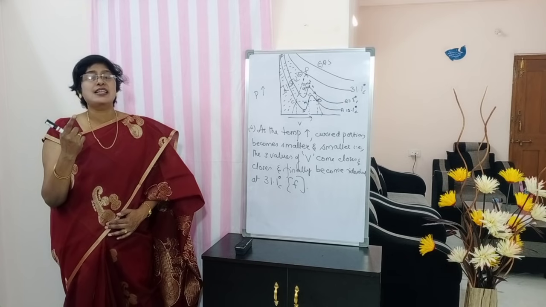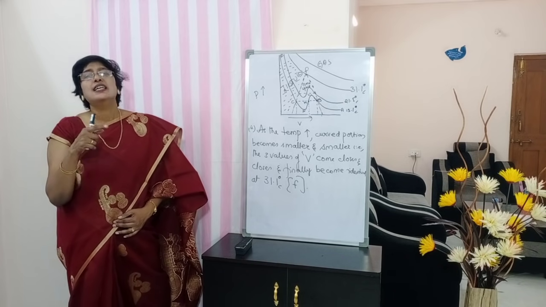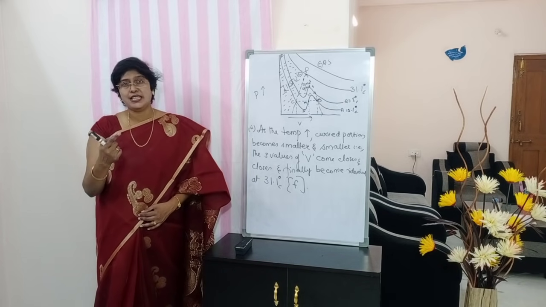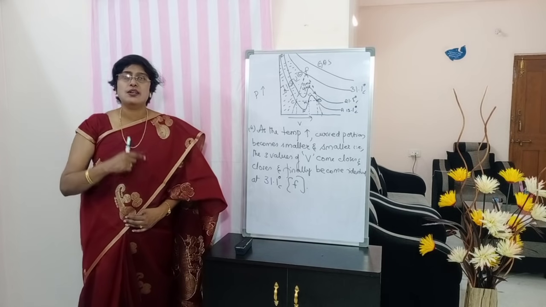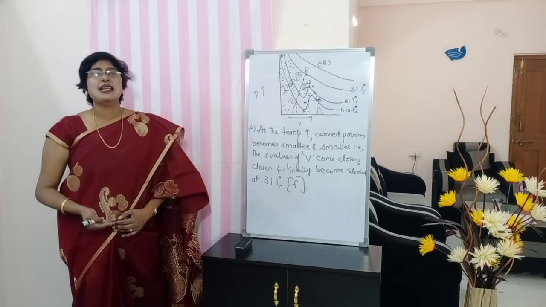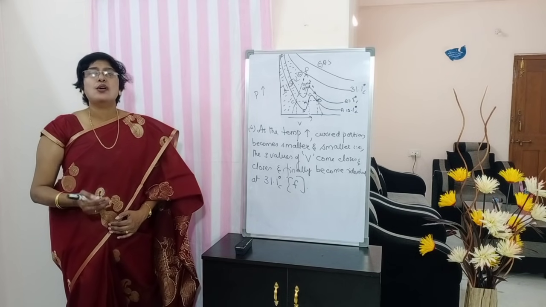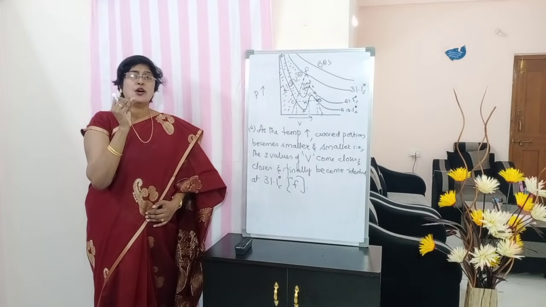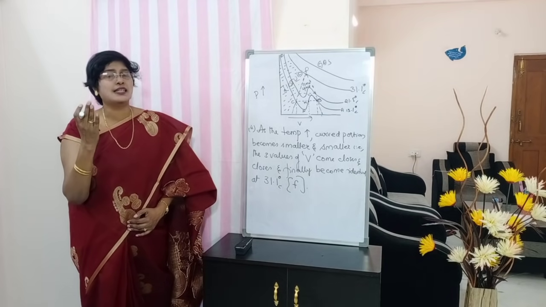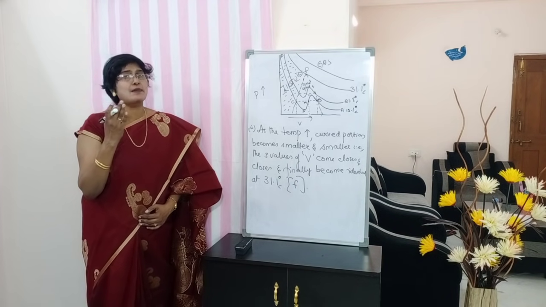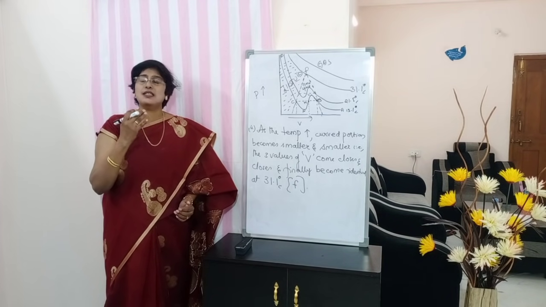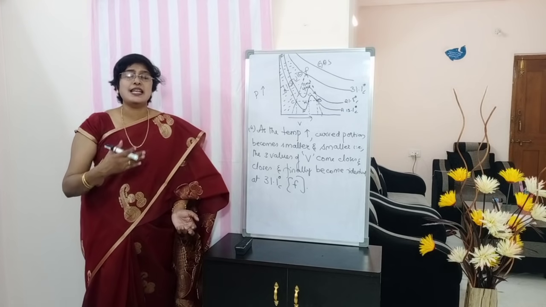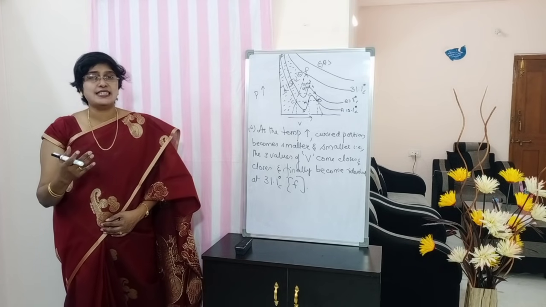There we have learned that there is no distinction between gaseous and liquid states of the gas. Okay, so here also if you observe, as the temperature increases, what is happening? The curved portion is becoming smaller and smaller.